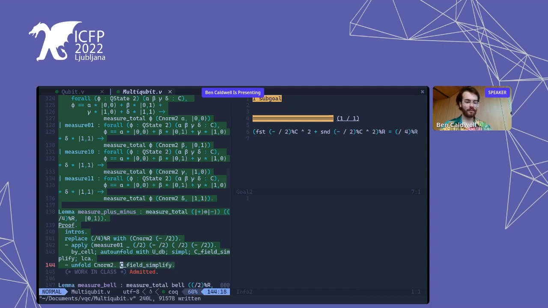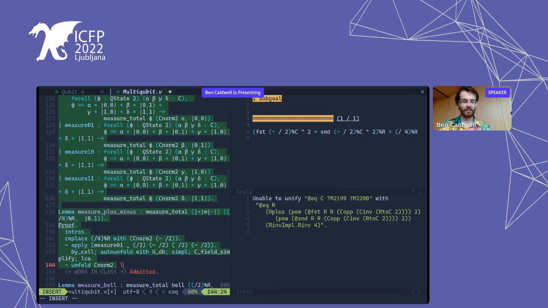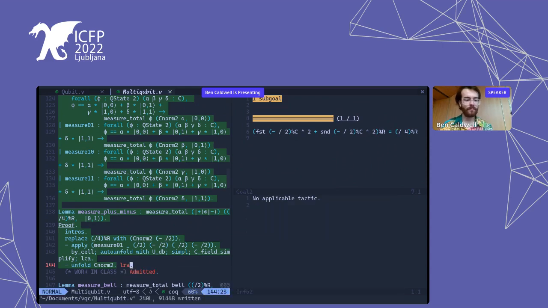Okay, C field still isn't working there. But it is a complex, right? Okay, so I think they might already be fine. No, let's still see that we're testing as we have to apply.